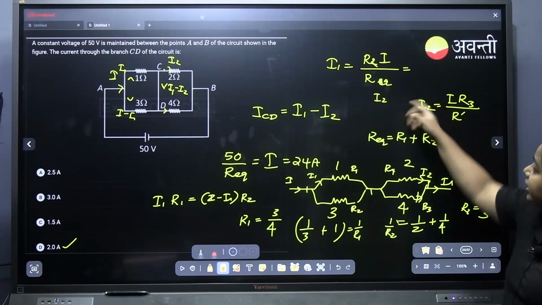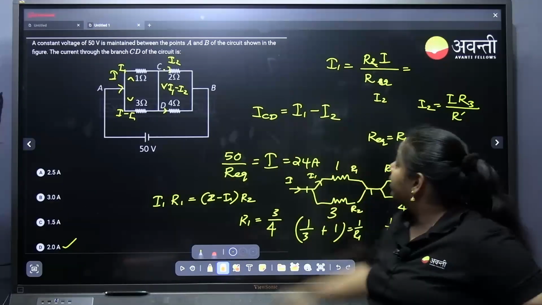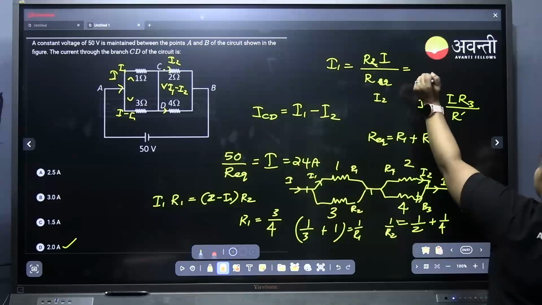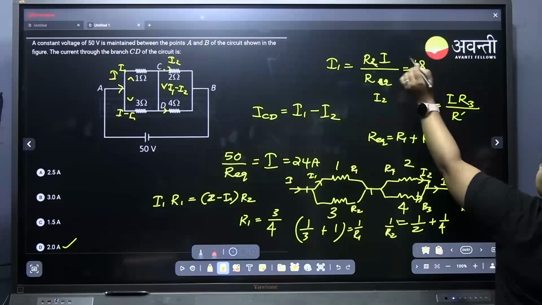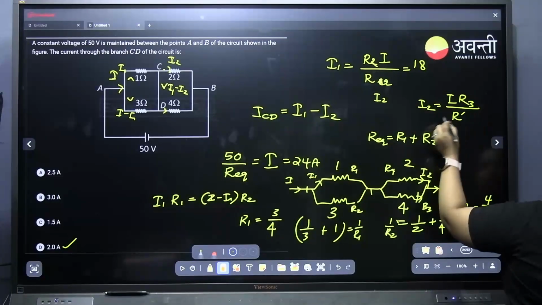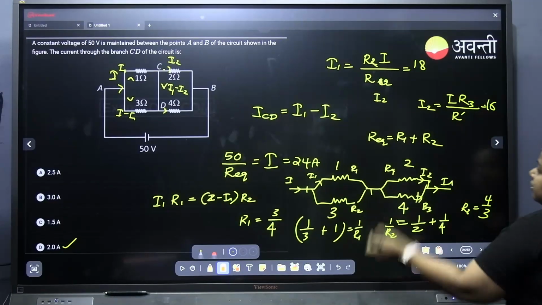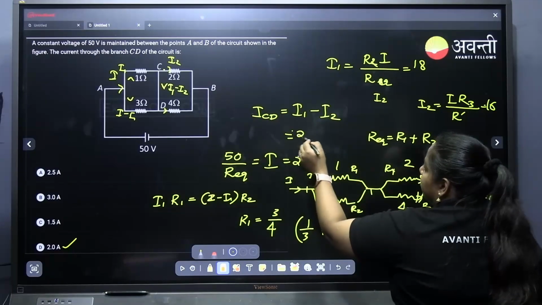Then, finding I1 and I2, you can take the difference. This one you get as 18 ampere, and this as 16, I think. So the difference equals 2 ampere.